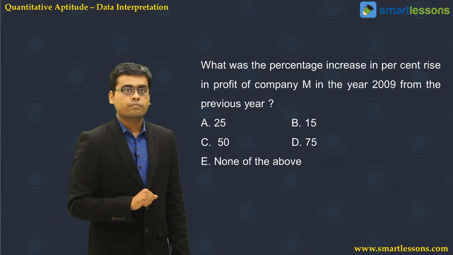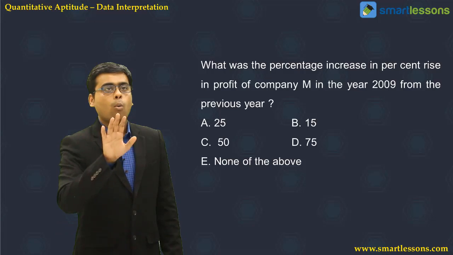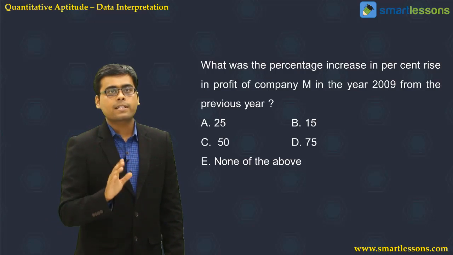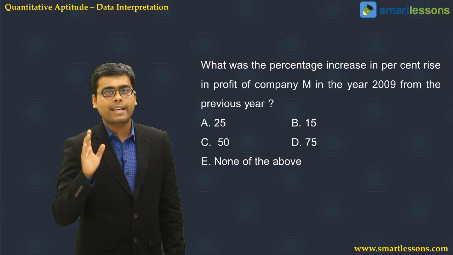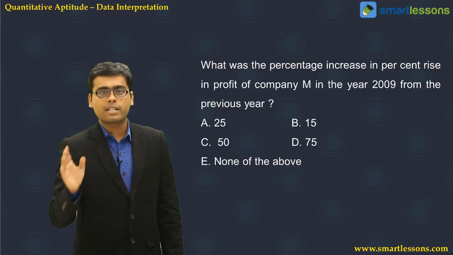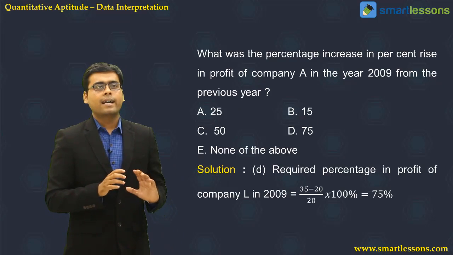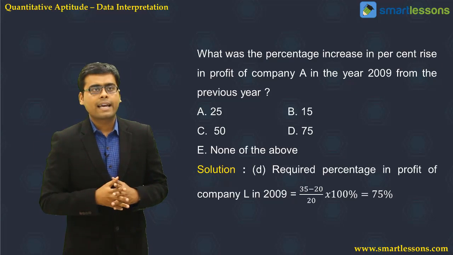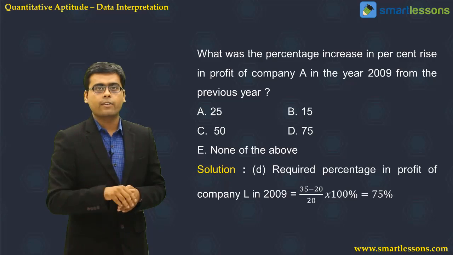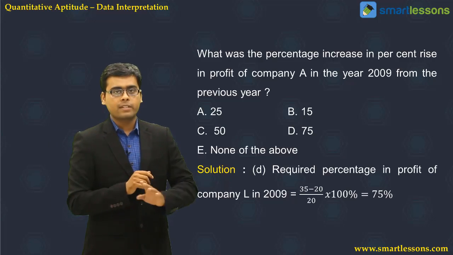Next one. The next question is, what was the percentage increase in profit of company M in the year 2009 from the previous year? So you can see that in 2008 the profit percent was 20 for company M, and in the year 2009 it became 35.